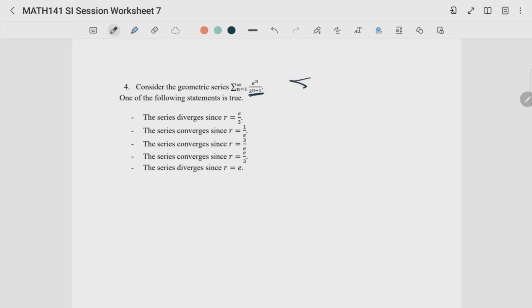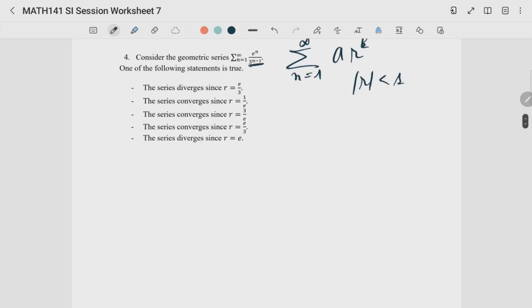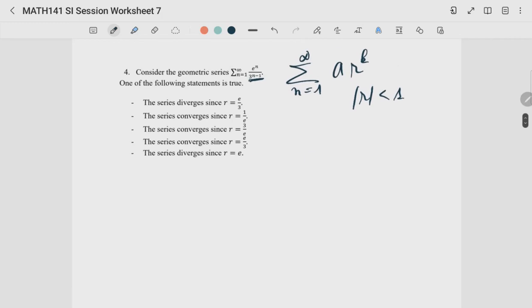And we know that for a geometric series with the general form of the sum of a r to the n, for convergence, the absolute value of r has to be less than 1. So what is r in our case here? Well, first of all, we need to rewrite the series as it's given to us into that general form.